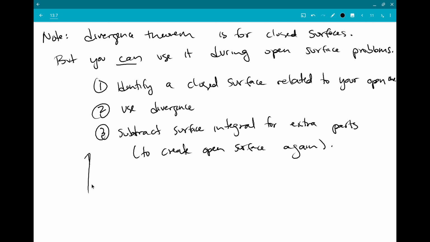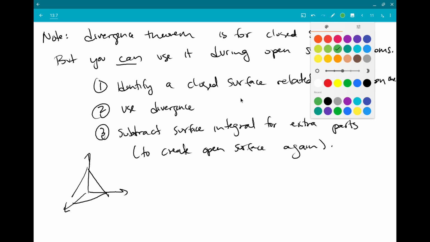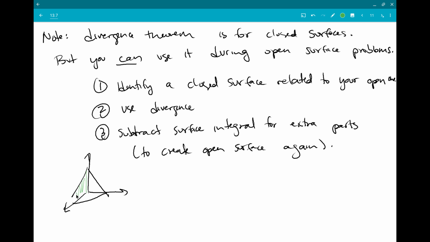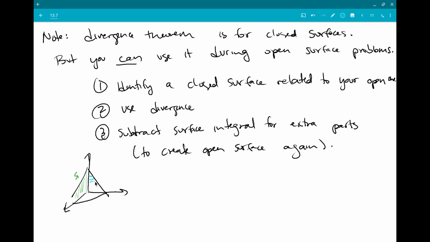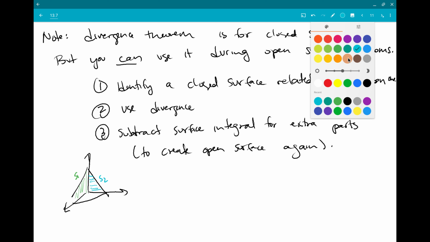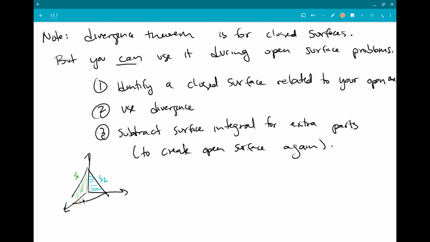So thinking, for example, about this problem we just did. Let's call that S1, that S2, and that S3, the three different wedgy corners of the triangle.